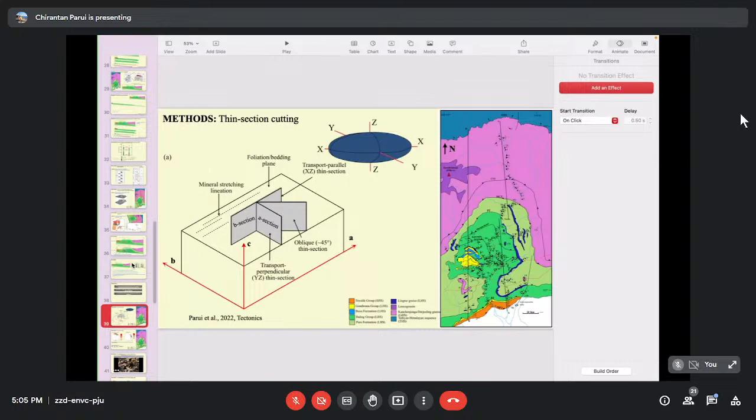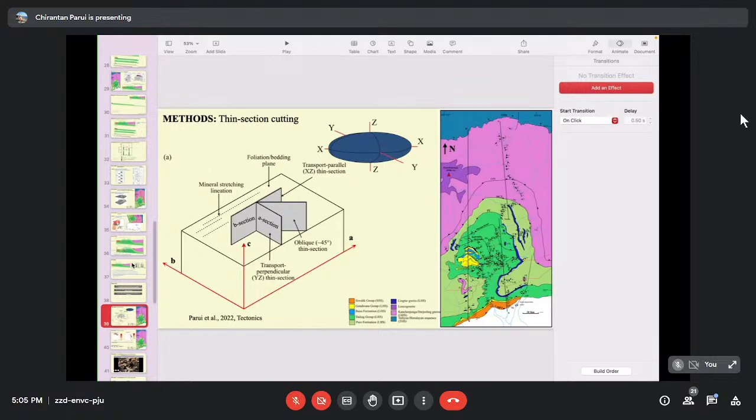Like in the internal thrusts, there were pressure solutions I have observed. That's also accommodating some amount of the convergence-related strain, but I couldn't account for the strain accumulating due to pressure solution.